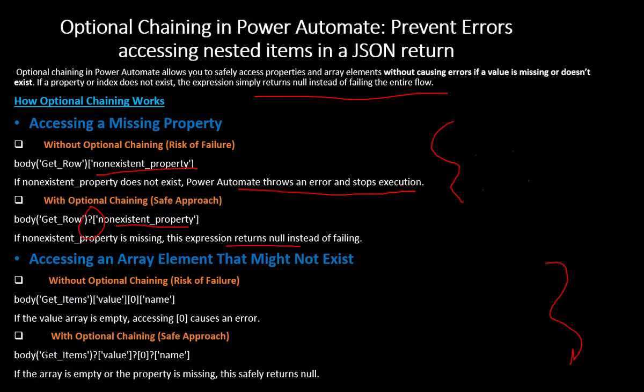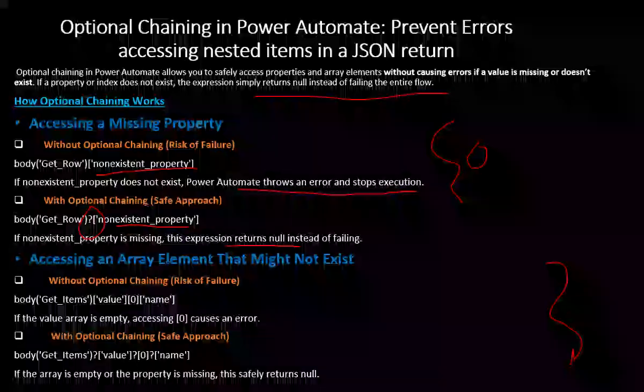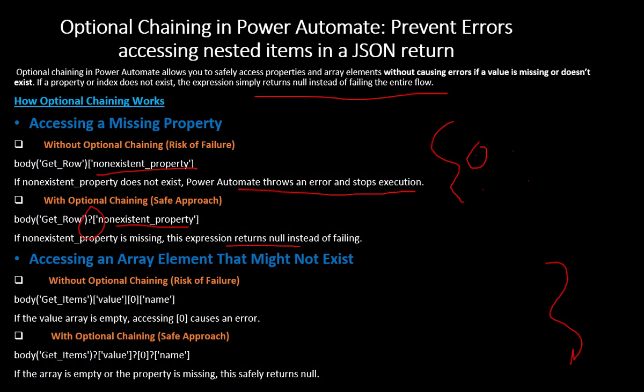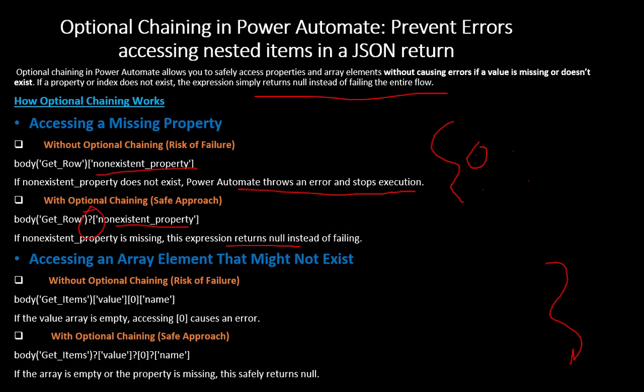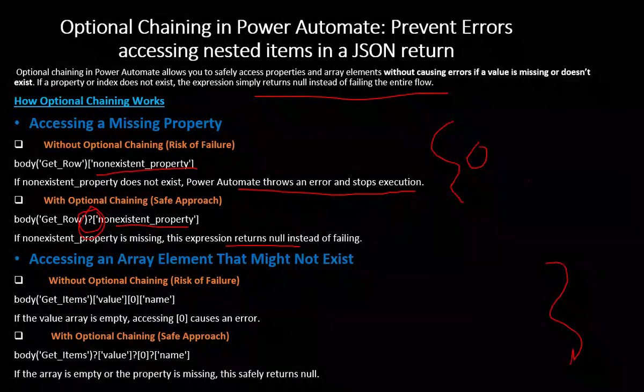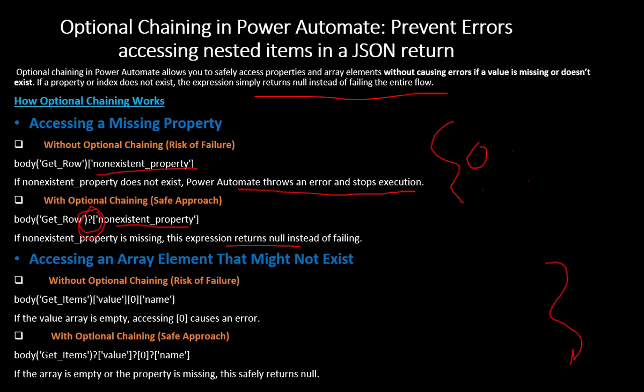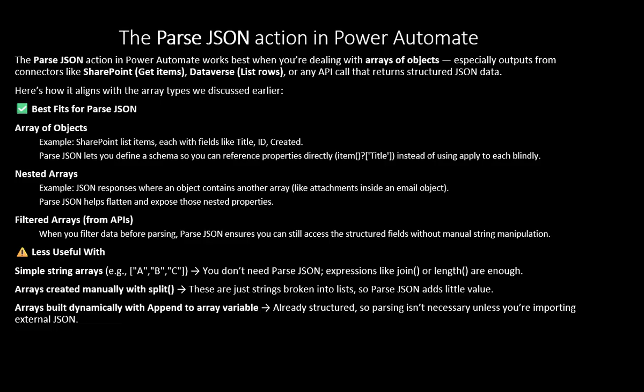But suppose this key which is required is not sent by the source system due to some issue, but your expression is accessing this key thinking that it exists, but it is not there. So it will throw an error. How do you handle it? You give a question mark. Then this will return a null if this key is not found in this JSON. So this is a very useful feature. You need to give a question mark always.